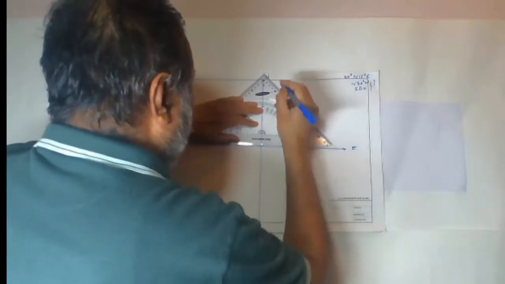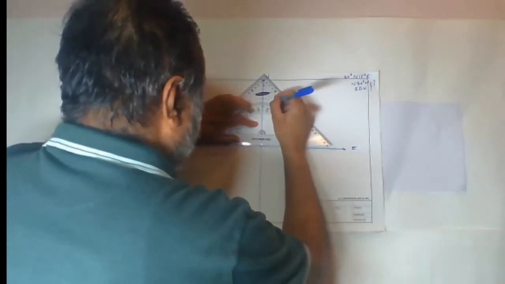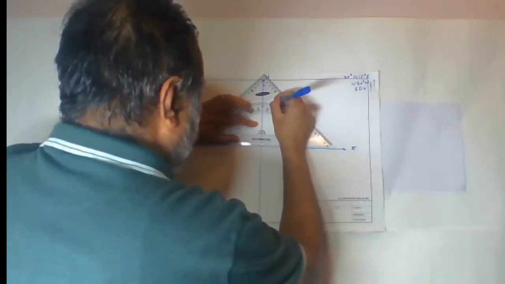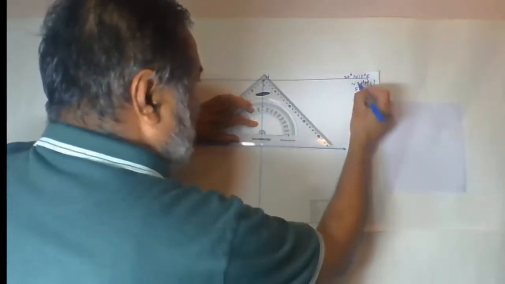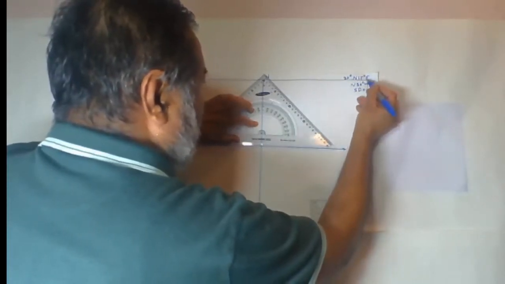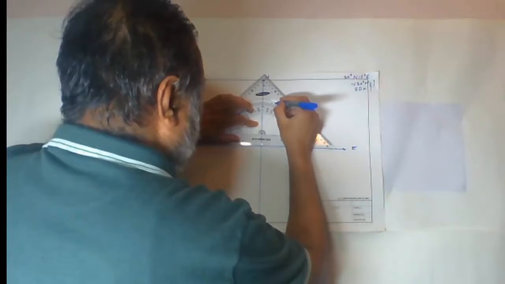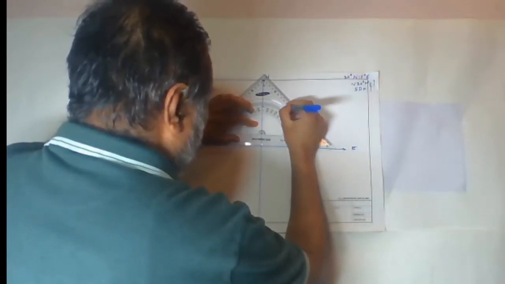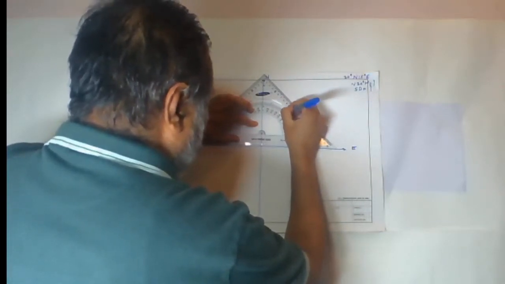Now north 15 degrees east: this is 10, and this is the 15 degree. Then from there, 30 degrees: 10 degrees, 20 degrees, and this is the 30 degree.